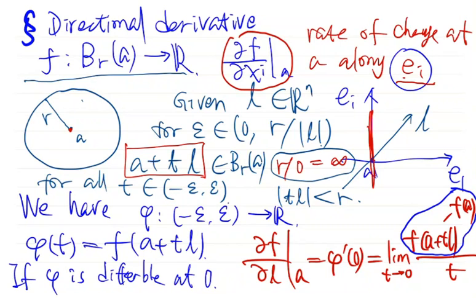We also use the notation ∂_L f(A), but you need to be careful. You should not mix this with the partial derivative notation D_i f(A). In D_i f(A), i is 1, 2, 3, ..., n. But in D_L f(A), L is a vector, a direction. So you can distinguish these two notations from the context. Okay.